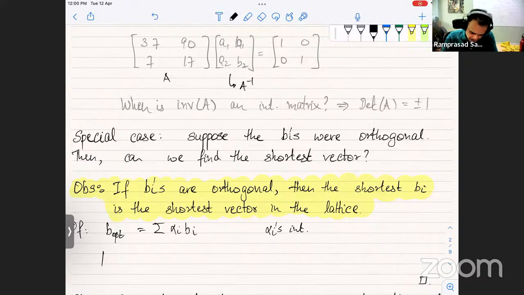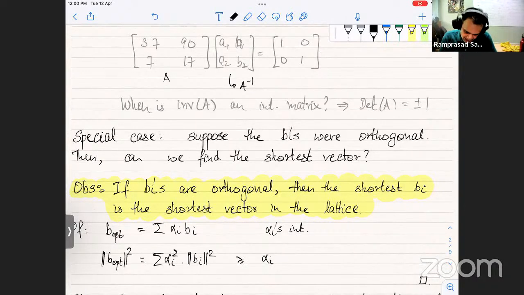Okay, so what does this say about B opt squared? By Pythagoras theorem, this is exactly equal to summation alpha i squared mod b_i squared. Okay, now let's just pick one such alpha i that shows up, which is non-zero in this equation.